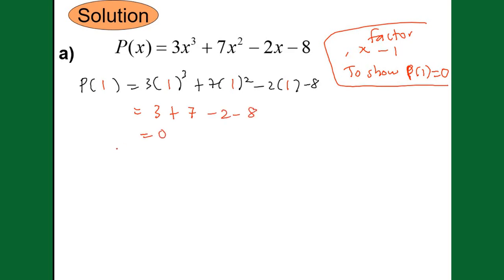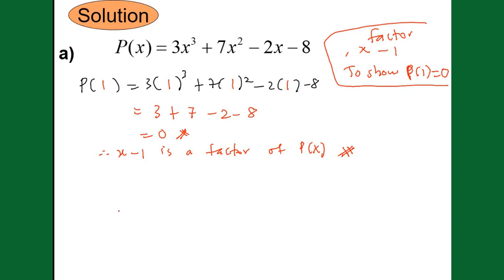Then conclusion, tengok baik soalan. Therefore, X minus 1 is a factor of PX. Settle. Kena ada sampai sini. 0 dan ada conclusion. Settle. Perfect solution for A.